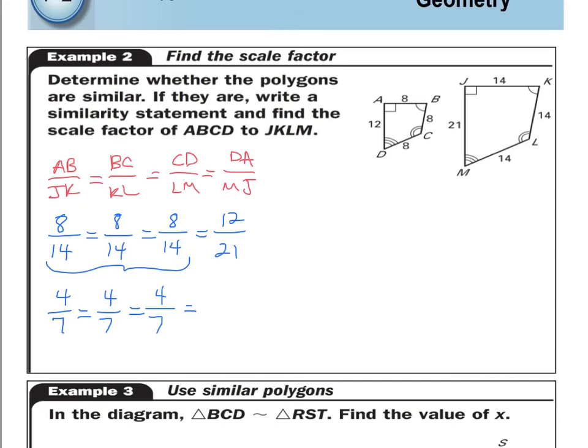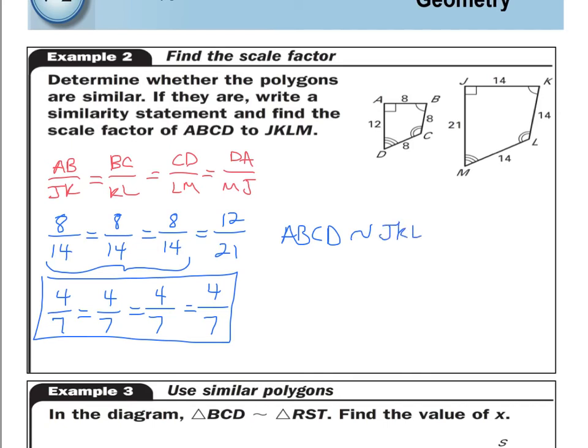If I divide them both by 3, that gives me 4/7. So all of these are the same. So I know, since my statement of proportionality is all the exact same, that ABCD is similar to JKLM. Okay, and my scale factor happens to be 4/7, or 4 to 7.